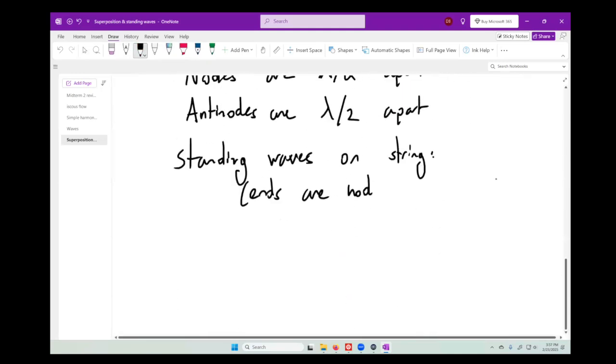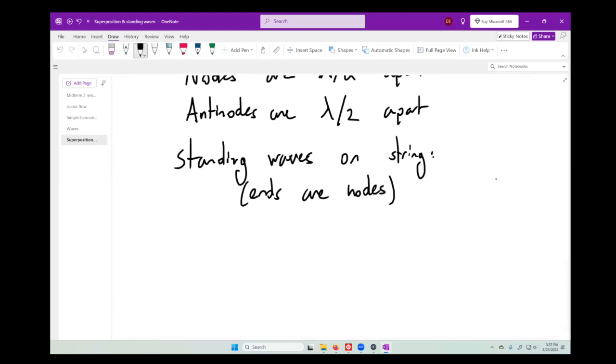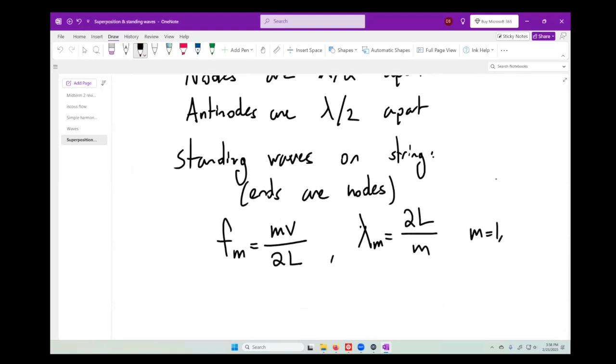Okay. So if we have a standing wave on a string where the ends are nodes, there's only certain wavelengths or frequencies of the standing wave that we could have, which are given by these equations. M here is any whole number.